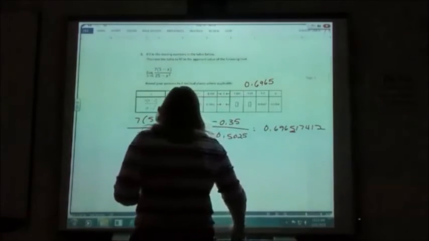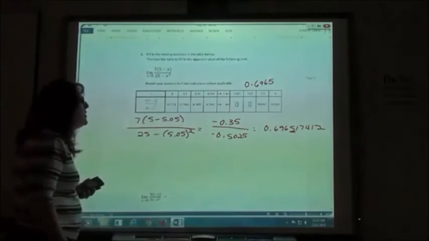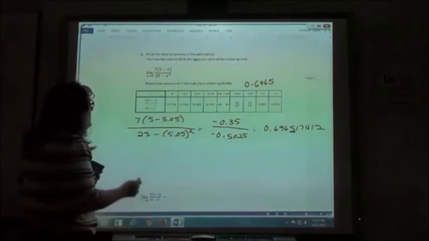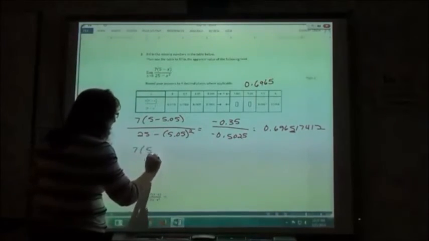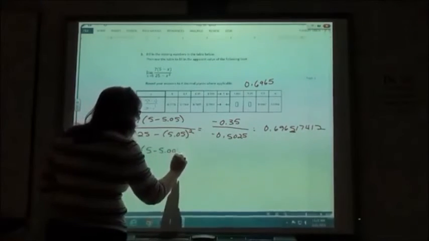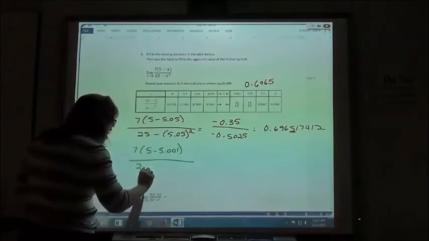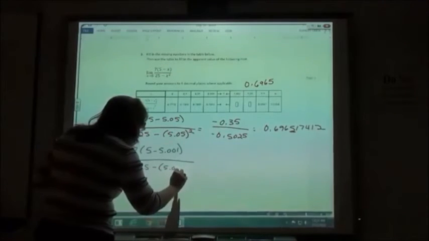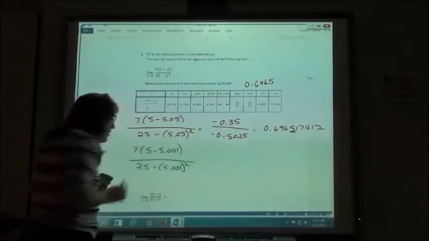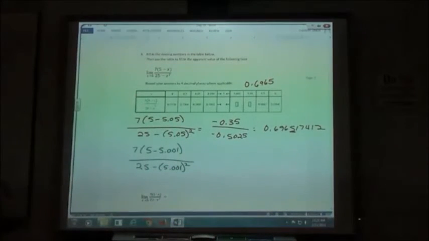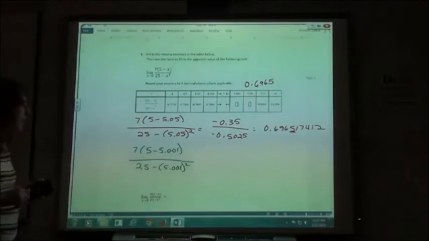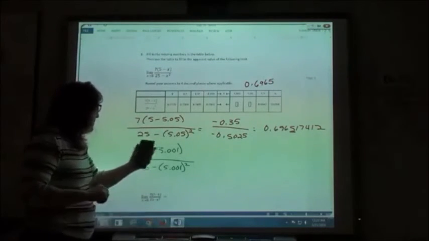If I do the other one, I'm going to use 5.001. So 7 times 5 minus 5.001 over 25 minus 5.001 squared. Notice I put parentheses around my 5.001 there on the bottom just to be on the safe side.